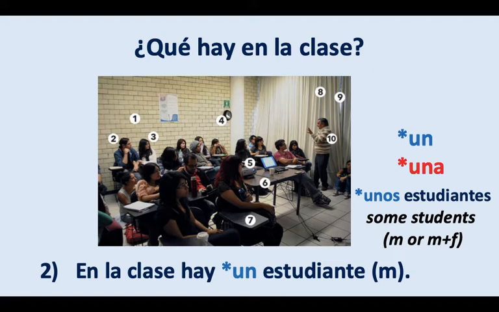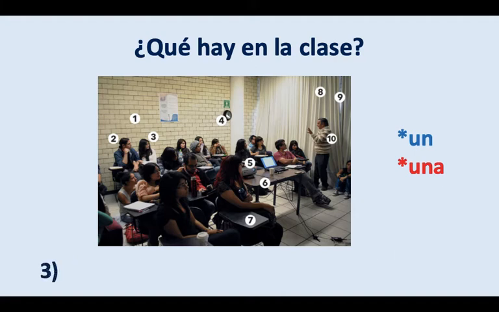Now, interestingly, when you use the masculine plural estudiantes, that can be a group that's all male, or it can be a group that's male or female. We'll get into that down the road when we talk about plurals, but just trust me on that one. Unos estudiantes can mean some students, an entire group of male students, or some students, a group that's mixed.